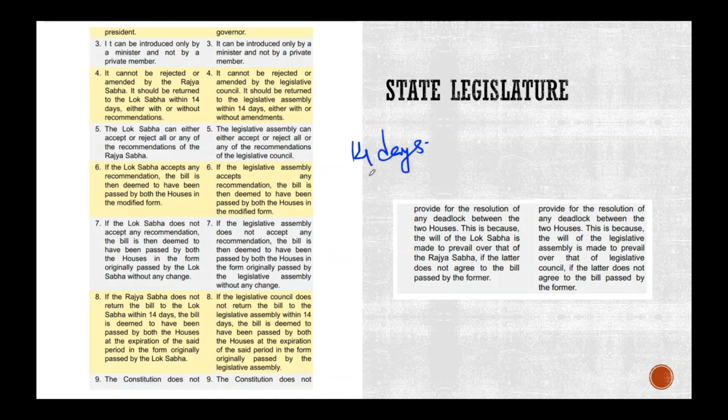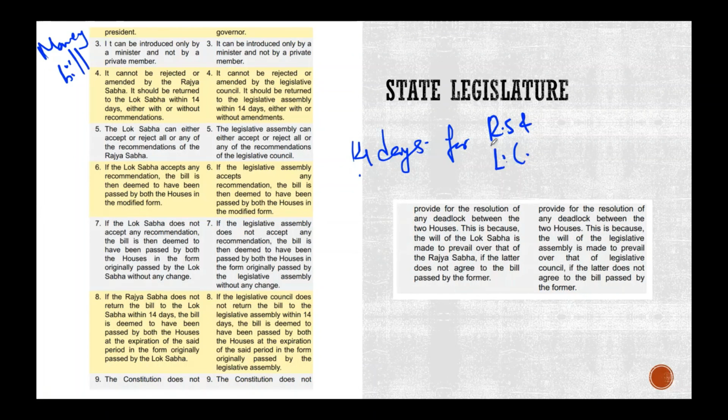And what about in state legislature? It's the same. Remember that. In money bill, it is the same. So 14 days for your legislative council by which you have to send it back.